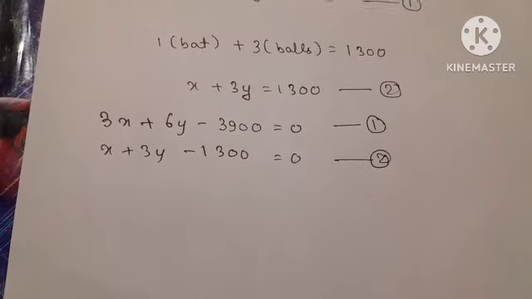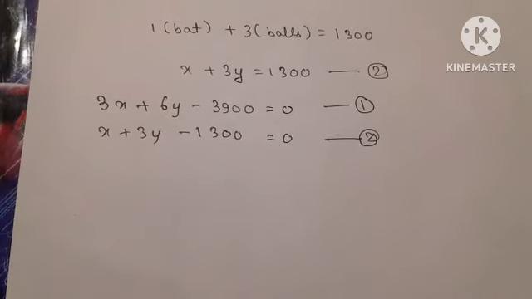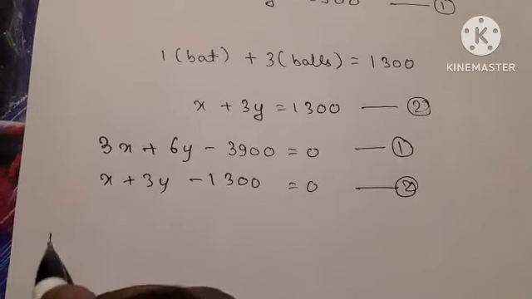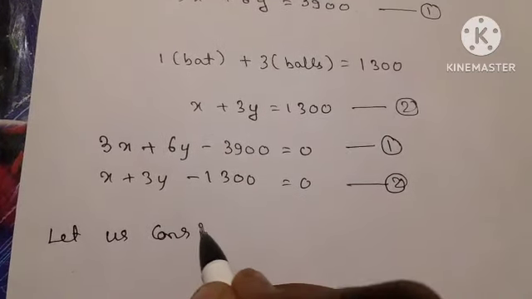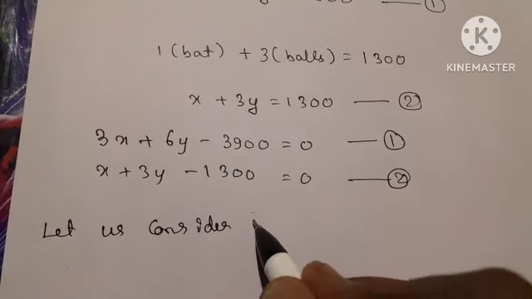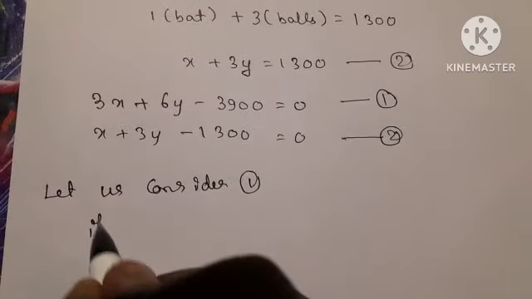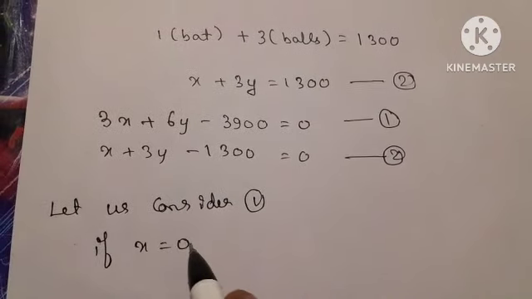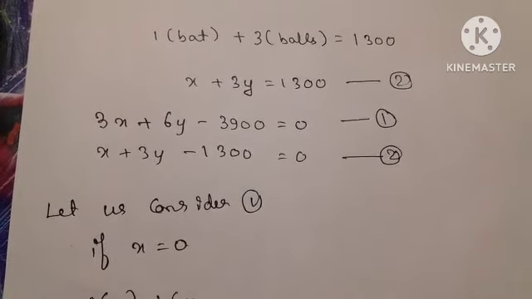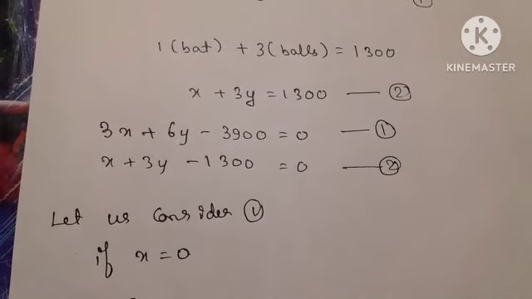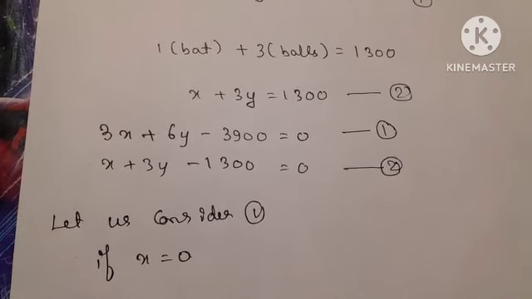Now, similar to the previous problem, let us consider equation 1. If x is equal to 0, then 3 into 0 plus 6y minus 3,900 equal to 0.